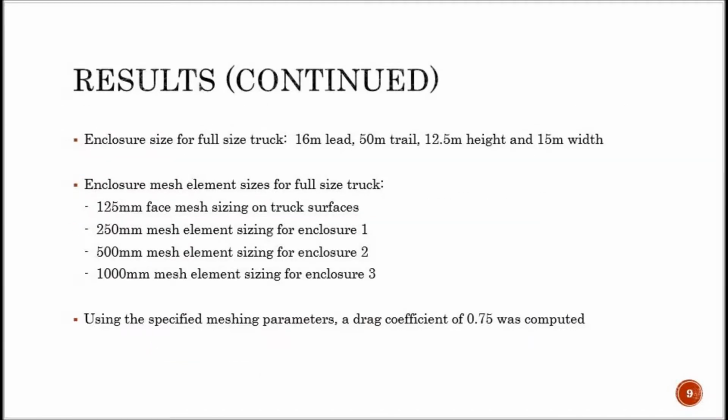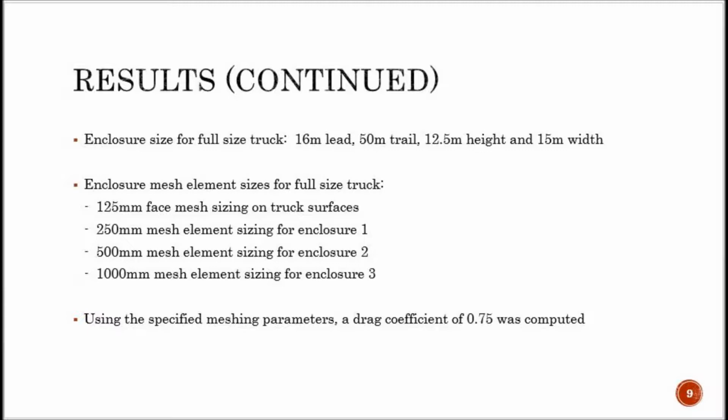The same processes were conducted on the full-size models. Using the full-size truck, it was found that the minimum enclosure had to have a 16-metre lead, 50-metre trail, a 12.5-metre height, and 15-metre width.